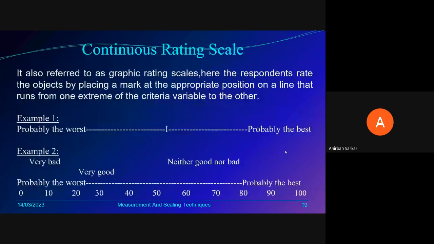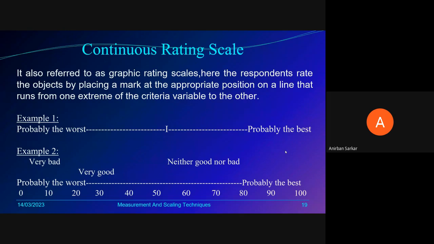And here, actually, this has not been sorted out properly. It will be probably the worst, then very bad, then neither good nor bad, then very good, and then probably the best.